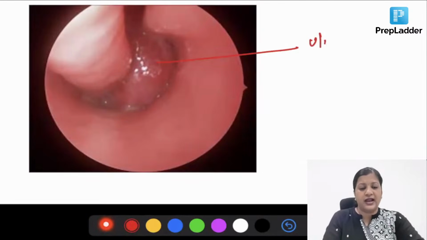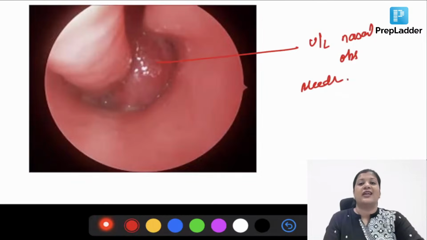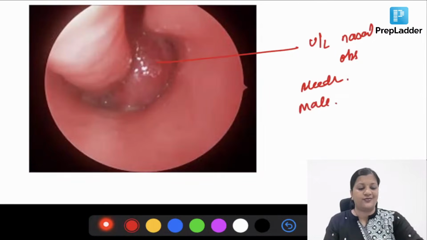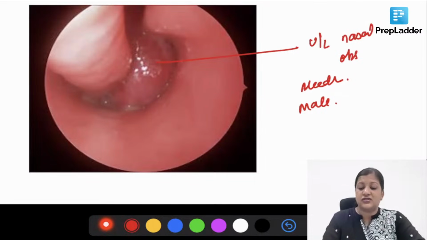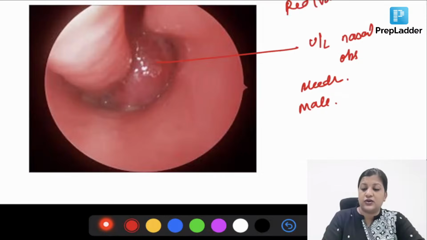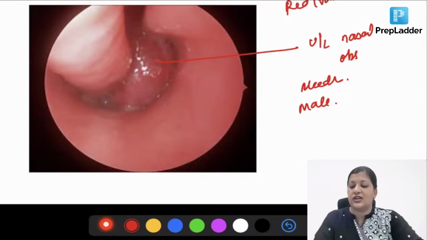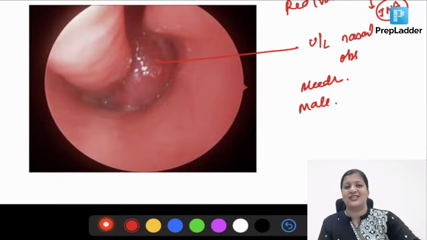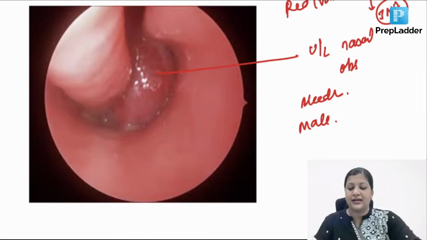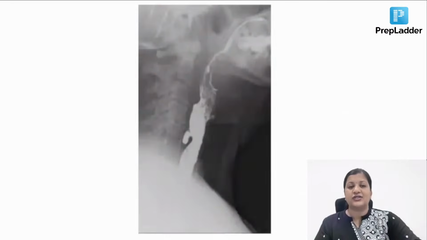So when they give you unilateral nasal obstruction, they give you bleeding from the nose, and this is a male, what should you think of? Yes, very good. Amit, angiofibroma is not red. It is not vascular. Angiofibroma will be pale, grayish in mass. Okay. So red vascular in a juvenile age group, you should think about juvenile nasopharyngeal angiofibroma. It won't be present in the anterior part of the nose. You can see here it is present in the posterior part of the nose. Right? Okay. So now let's go to the next question.